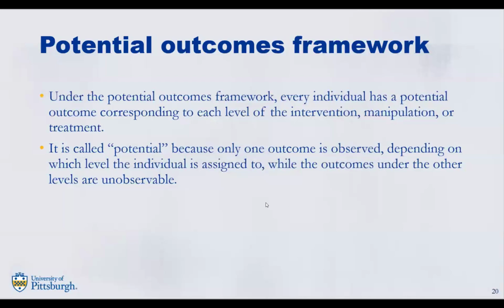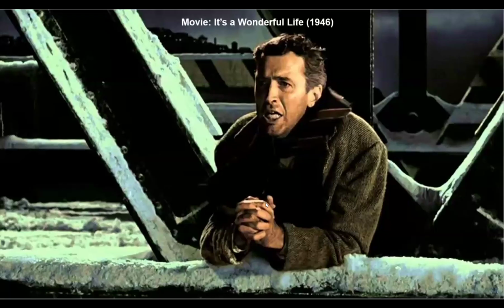The idea of potential outcomes is frequently used in contemporary culture, for example, in movies. Some of you might have watched this movie, It's a Wonderful Life. This is a 1946 American Christmas fantasy drama film. In this movie, the leading role, George, becomes very depressed and states that the world would have been a better place if he had never been born.